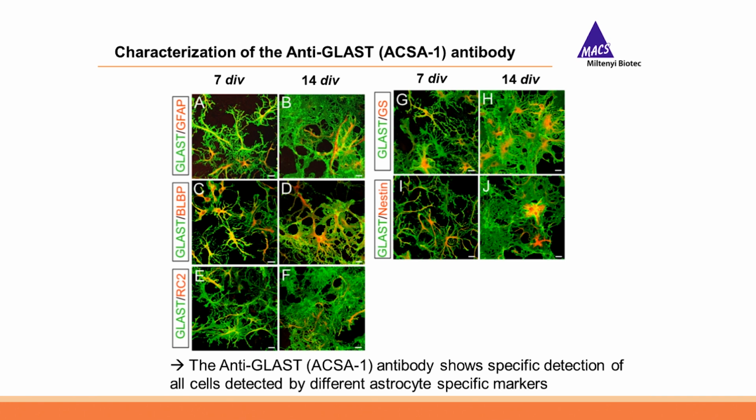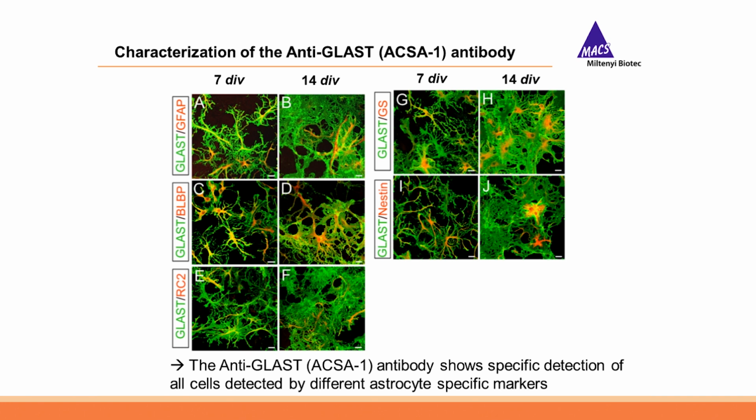It stains the typical branched astrocyte morphology that the GFAP staining does not show. In 14-day-old cell cultures, we also detected astrocytes that were GLAST positive but GFAP negative. This is because these astrocytes are no longer reactive and therefore do not show GFAP expression, but they still show GLAST expression. That's what we saw: GLAST is a broader marker for astrocytes than GFAP.